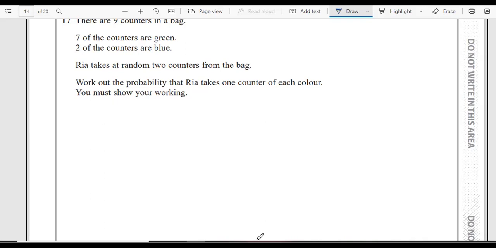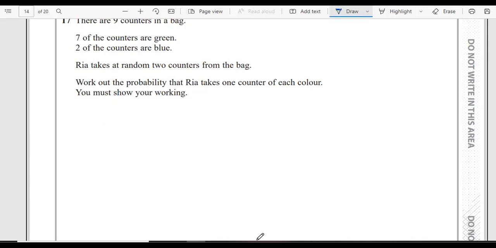Add it, 28 over 144 divided by 2. Do you simplify the probability? Yes, you have to simplify this. Okay. 14 over 72. 7 over 36. Is this 7 over 36?